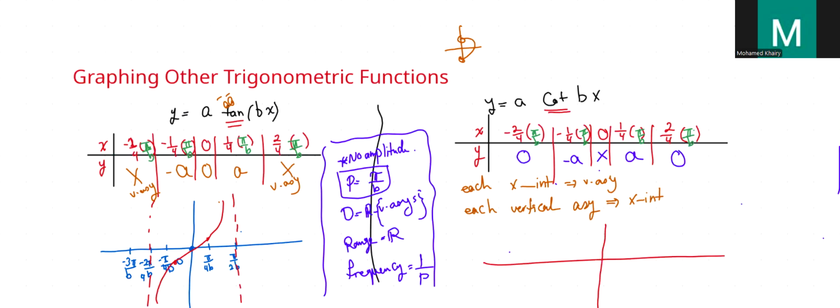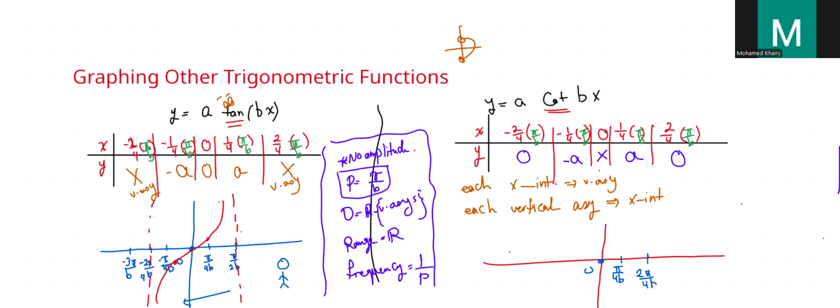Pay attention that here we started from right to left, like this way. But here I have 0, this is pi over 4b, 2 pi over 4b, 3 pi over 4b, and so on. So 2 pi over 4b is basically pi over 2b.